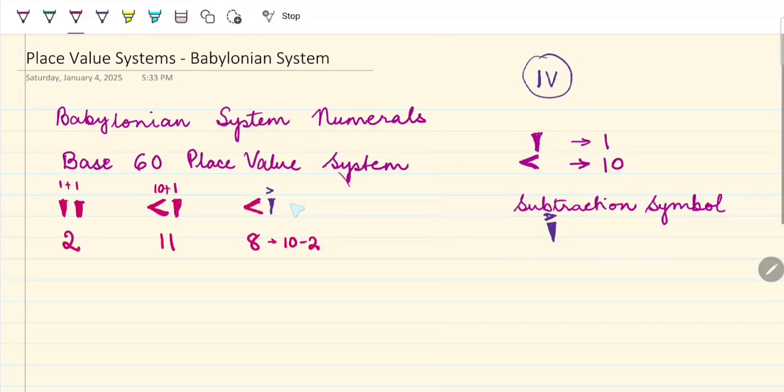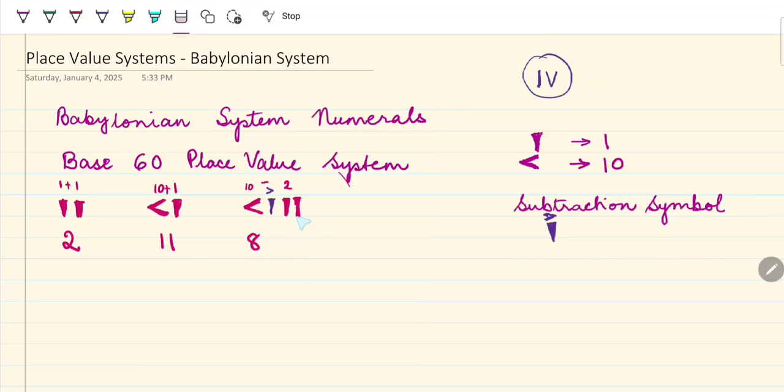So here we have two of the vertical lines. That's 10 minus 2, right? 1 plus 1, 2. 10 minus 2 would give us a value of 8, right?